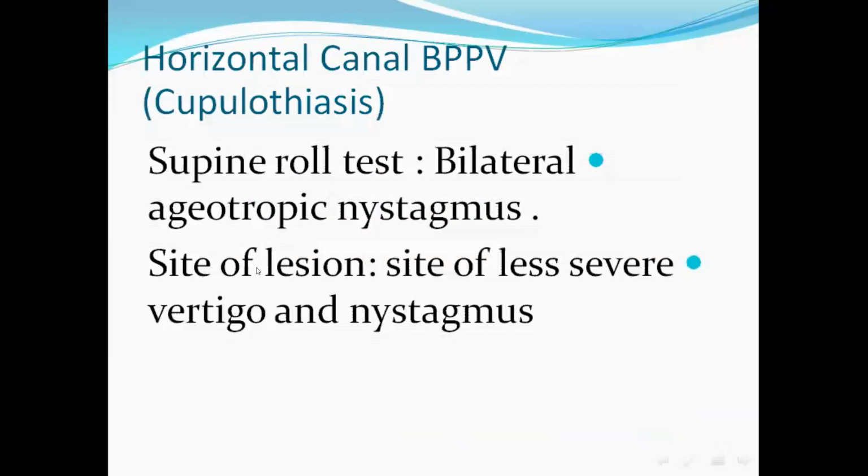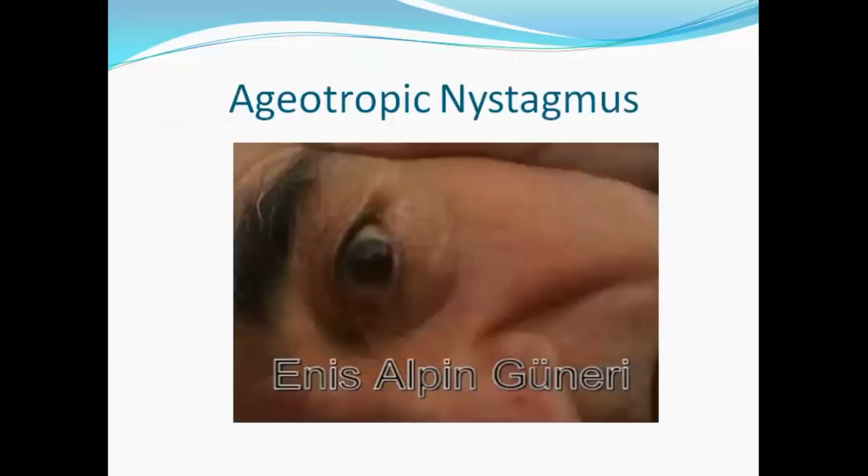The site of the lesion is opposite to that in canalithiasis. It is the side that has less severe nystagmus and less severe vertigo. By that, you will make sure that the patient has either cupulolithiasis or anterior arm canalithiasis. If he has bilateral apogeotropic nystagmus, and we decide the side that has less severe symptoms, we can treat it by doing the Semont-Cassani maneuver.